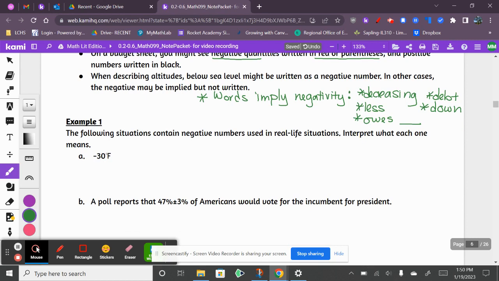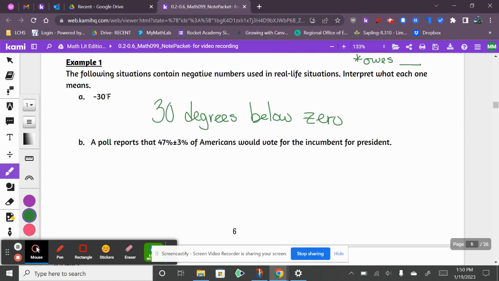So in example 1, the following situations contain negative numbers used in real life situations. We're going to interpret what each one means. If it says negative 30 degrees Fahrenheit, we're going to interpret that as 30 degrees below zero. That's how we usually refer to negative temperatures.